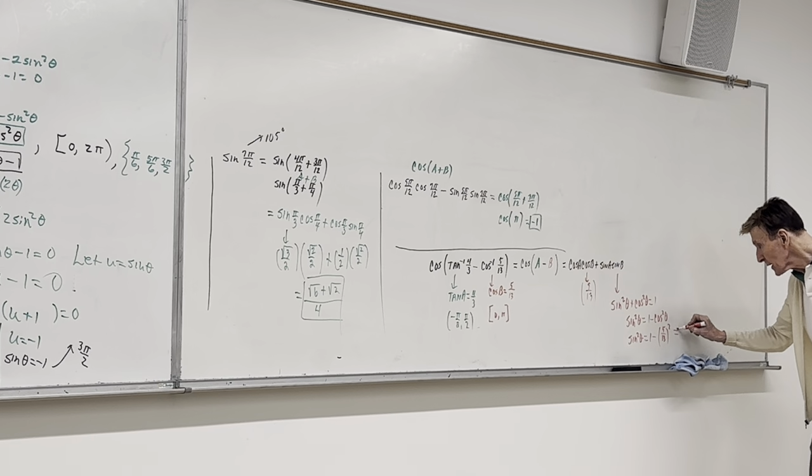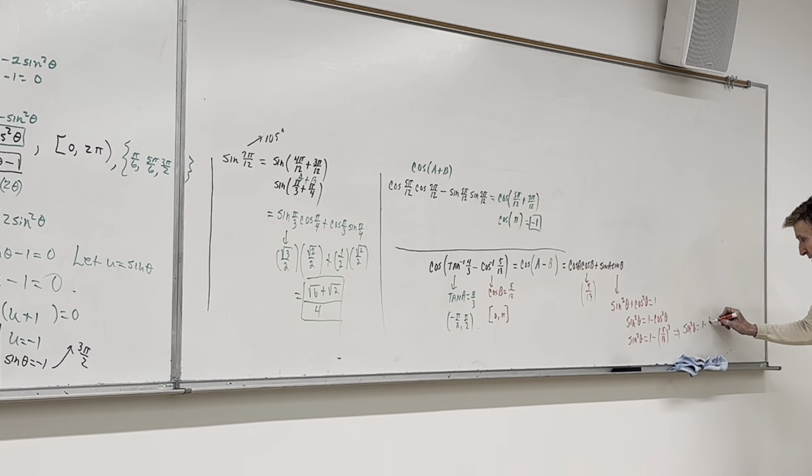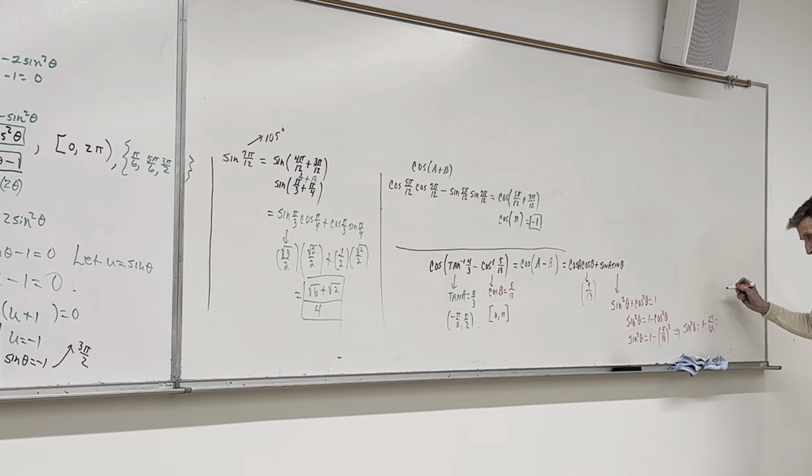Let me put the work over here. Sine squared is equal to 1 subtract, I think it's 25 over 169. Yes or no? I got to do the math quickly. I think it's 144 over 169. Is that true? Which I think is a perfect square, because I got to do a square root.